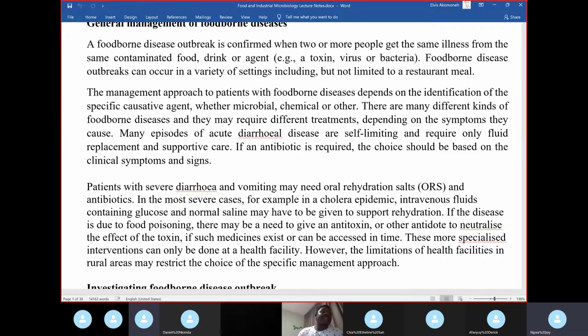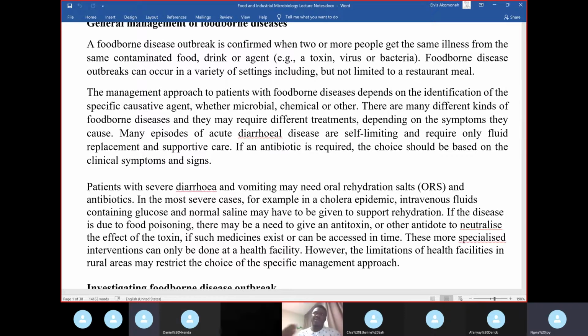But I must note that in most cases, these symptoms are self-limiting. They will go on their own. They will disappear after a while. And if we must recommend something, we'll always want you to take oral rehydration salts, especially if you are vomiting and having watery diarrhea.